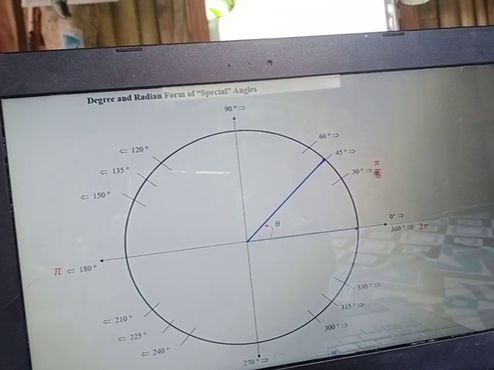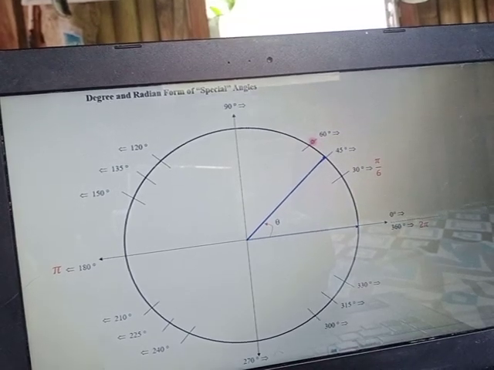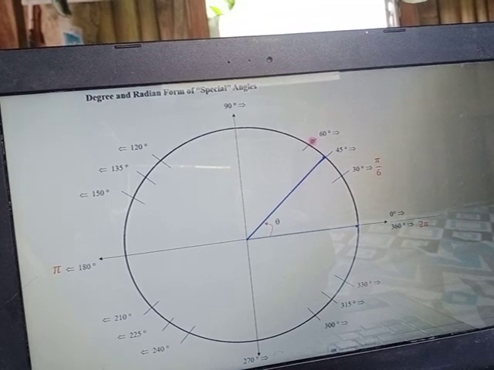Why is it 6? Because 180 divided by 6 is 30, so we have pi over 6. So plus 30 again, we have 60 degrees. What is the equivalent of 60 degrees in radian?